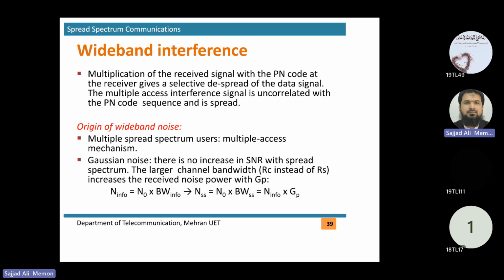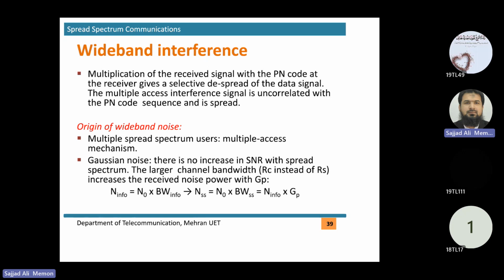The multiplication of the received signal with the PN code at the receiver gives a selective despread of the digital data. The interference signal is uncorrelated with the PN code sequence and is spread. The origins of wideband noise are multiple spread spectrum users, multipath, and Gaussian noise. There is no increase in SNR with spread spectrum.